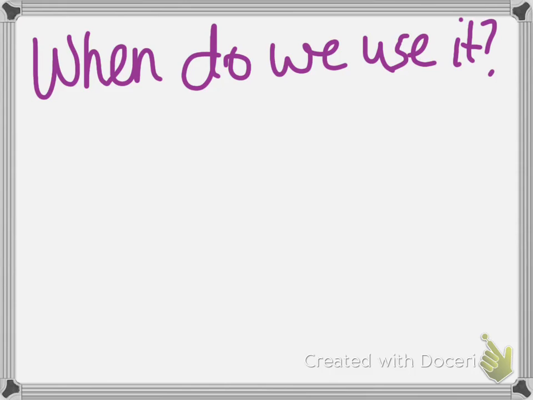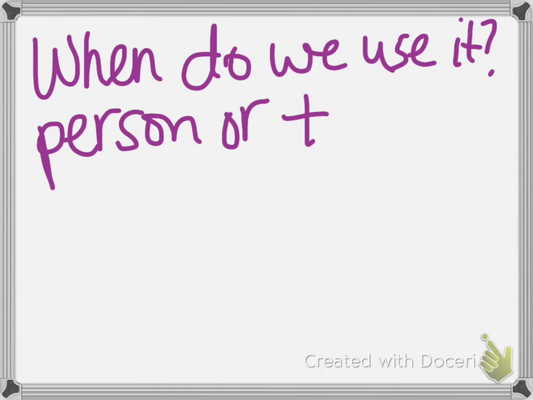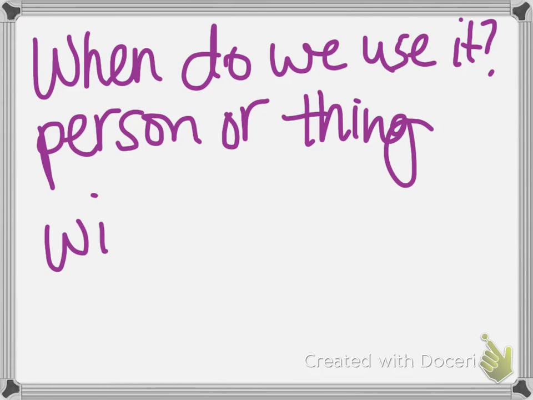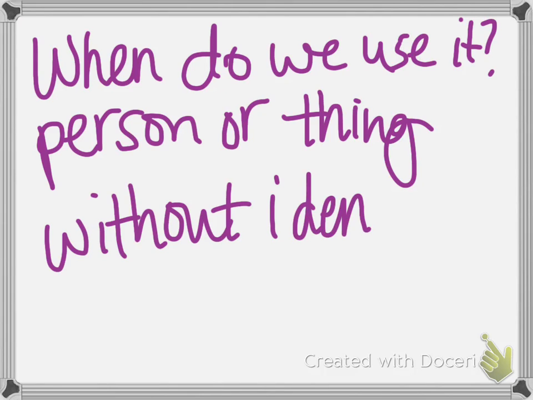So we use the passive voice when we want to put more emphasis on the person or thing that is performing the action. It just ends up putting more emphasis on that. Or we do it to focus on an action without identifying the performer.